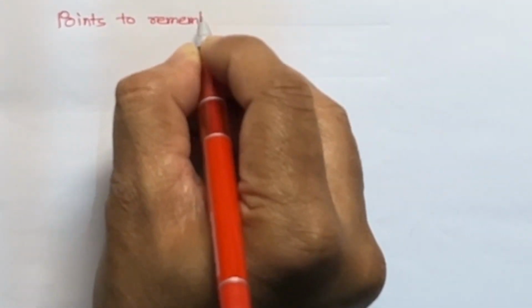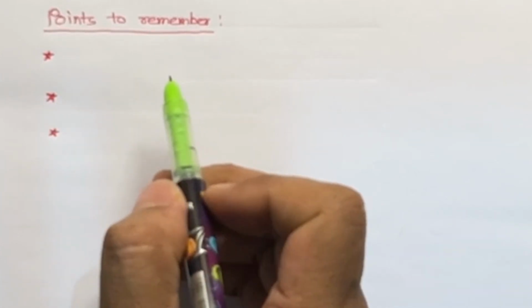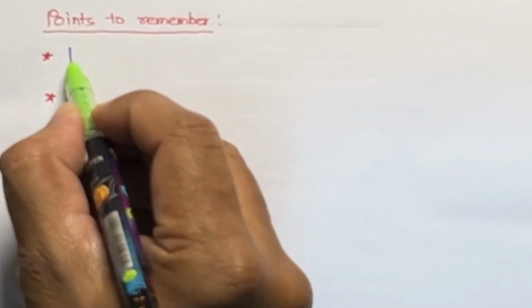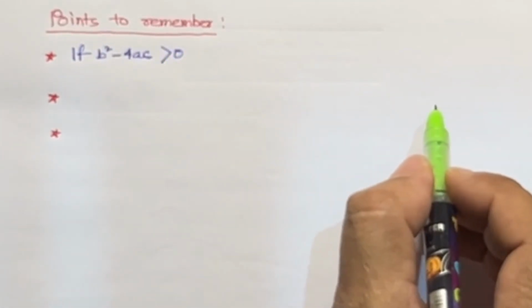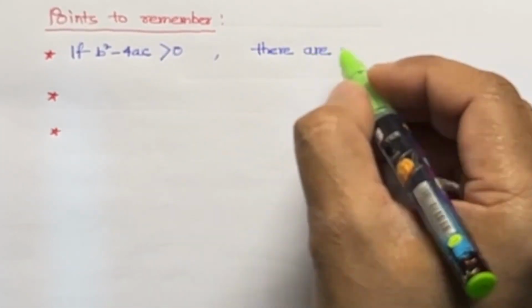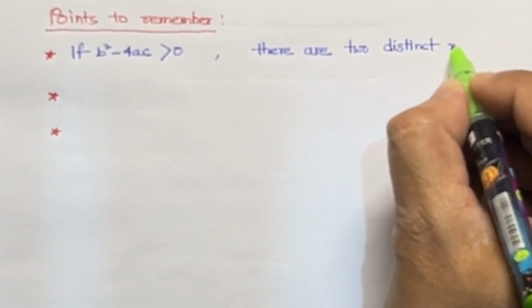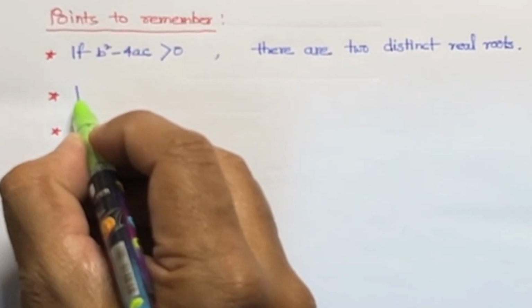Now, there are 3 points to remember. These are very important points. Number 1, if b square minus 4ac greater than 0, there are 2 distinct real roots.